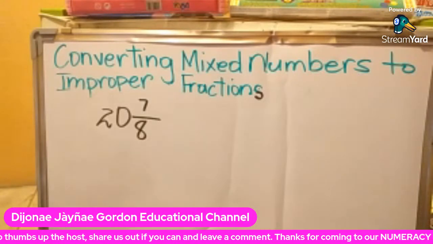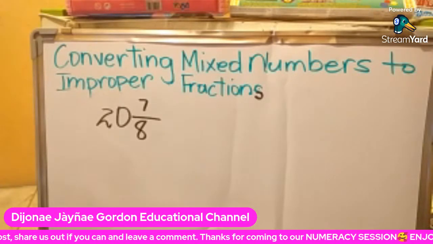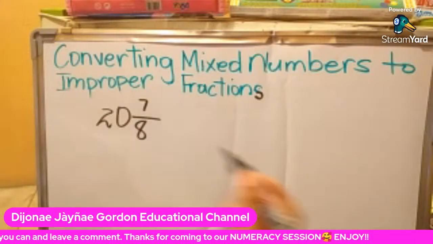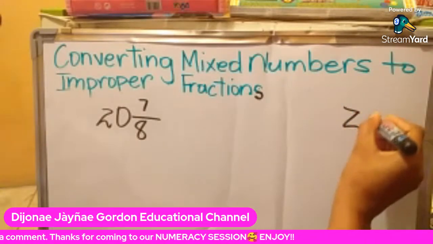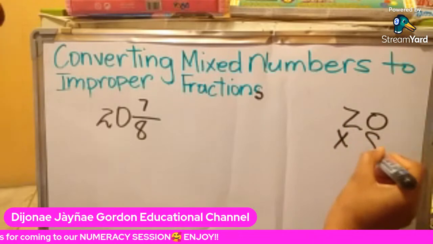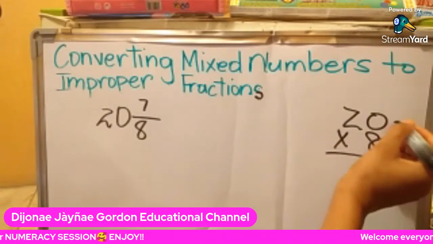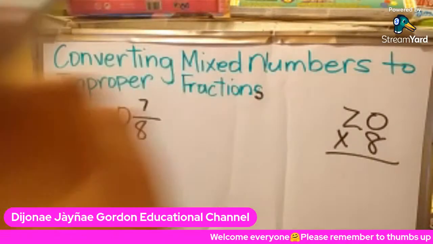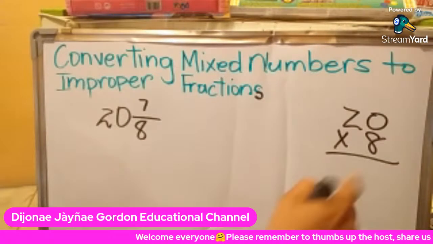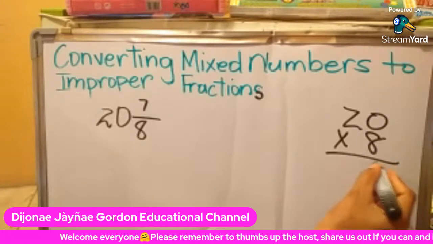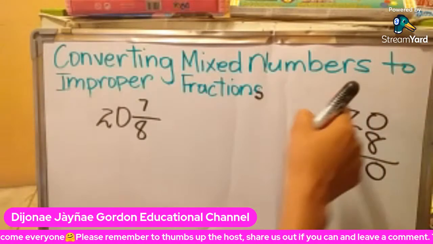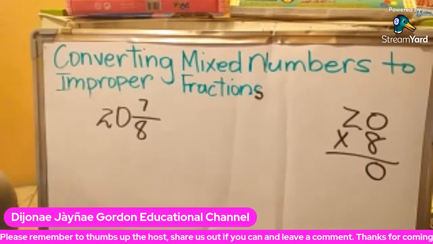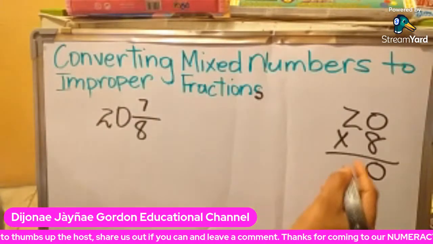So you can do that one the same way that I just showed you. So set it out, 20 multiplied by 8. So 8 multiplied by 0 is 0. Any number you multiply by 0, you get 0. 8 multiplied by 2, or 2 multiplied by 8, is 16.